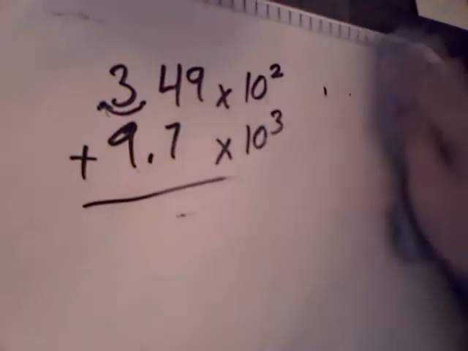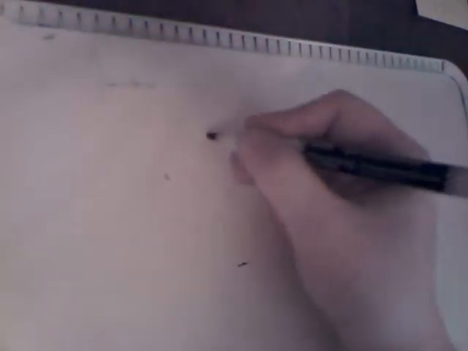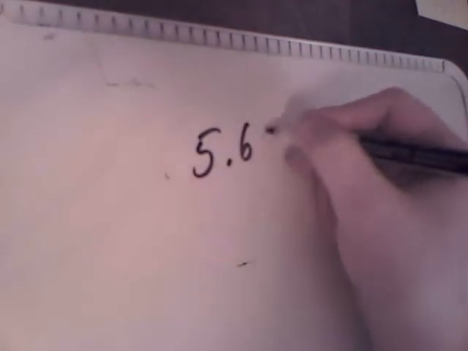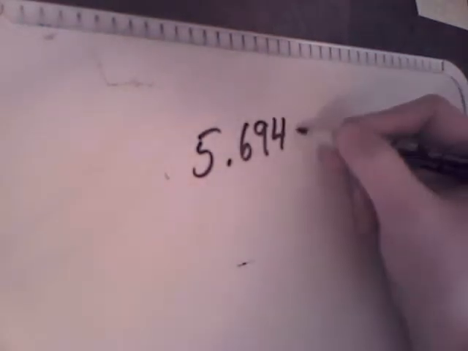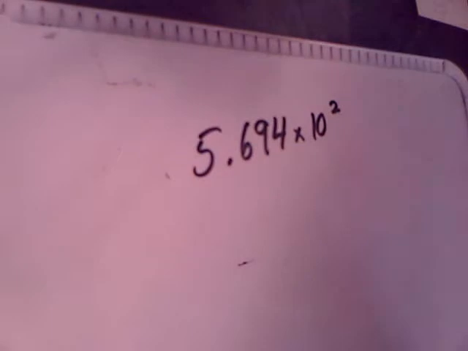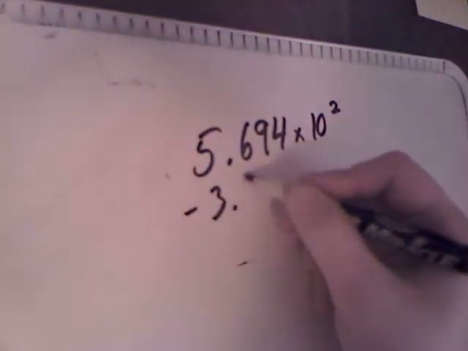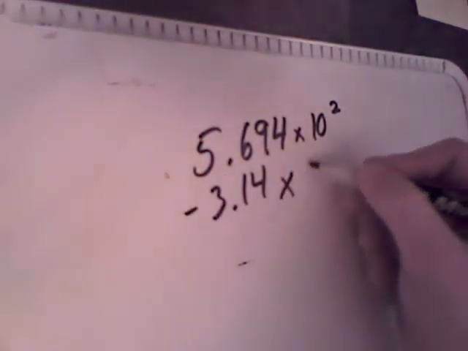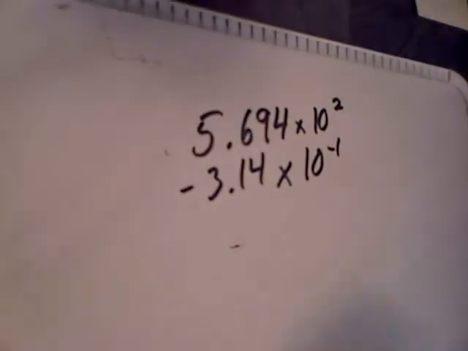Let's take a look at a subtraction problem. If I have 5.694 times 10 to the second minus 3.14 times 10 to the negative 1, what I need to do is get both of these numbers into the same power.